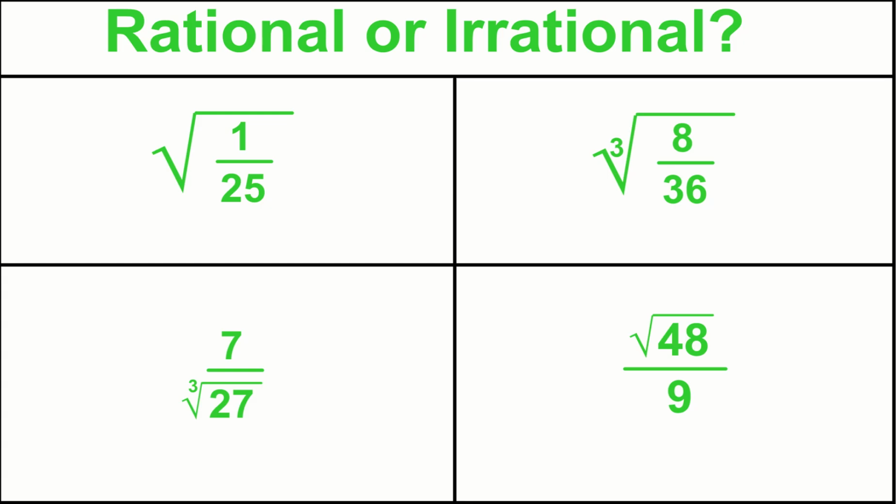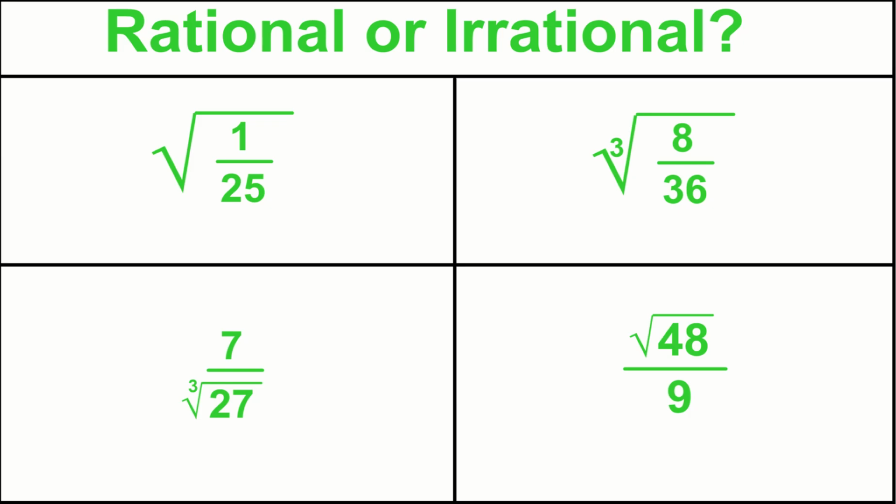All right, so we've got some fractions here, square roots and cube roots. With fractions, if the square root or cube root symbol is over the whole thing, we take the square root or the cube root of each part, the numerator and the denominator. If the square root or cube root symbol is over just one of those numbers, like you can see in those bottom 2, then we just take that number.